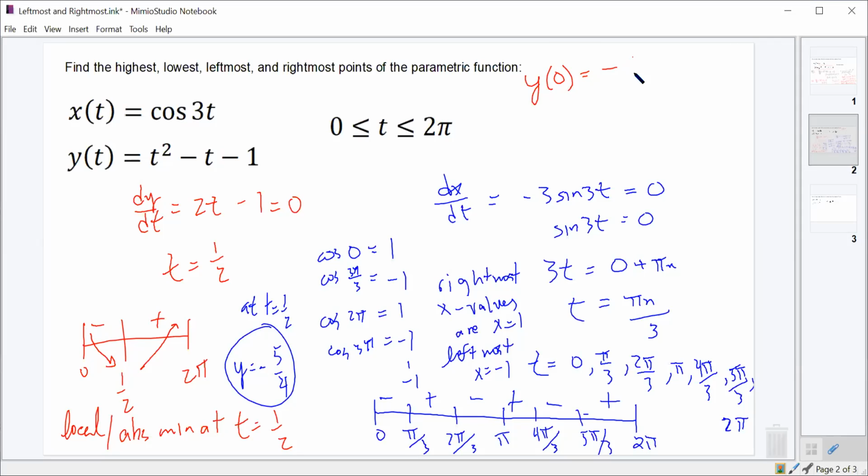That gives us a y value of -1, and we plug in 2 pi to get that that's 4 pi squared minus 2 pi minus 1. And clearly 4 pi squared minus 2 pi minus 1 is greater than -1, so this is our absolute max on that interval also.